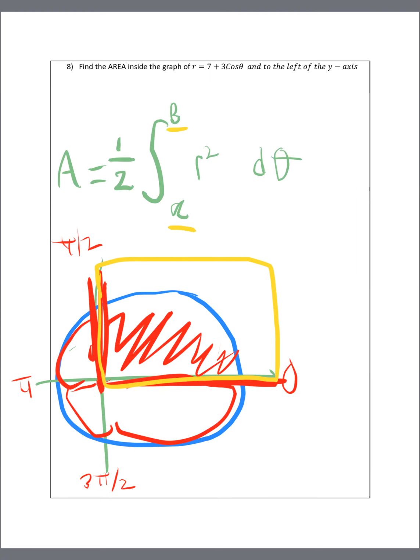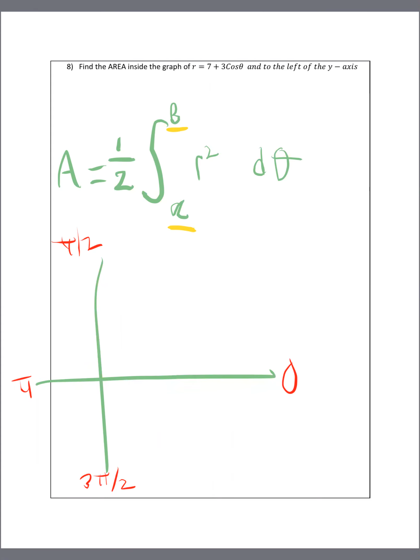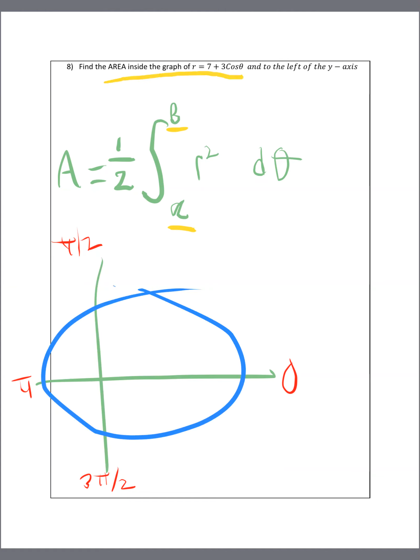Because for this particular problem, let me erase some of this, let me just redraw the little blue oval. It's actually asking us for the area inside the graph to the left of the y-axis.